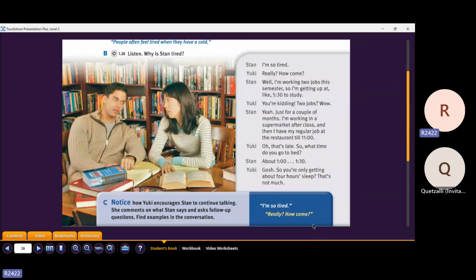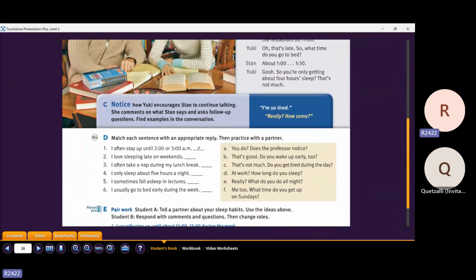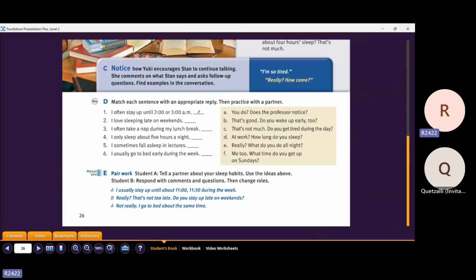Okay. So, do you have questions about vocabulary? No. Okay. So, now we are going to match each sentence with an appropriate reply.